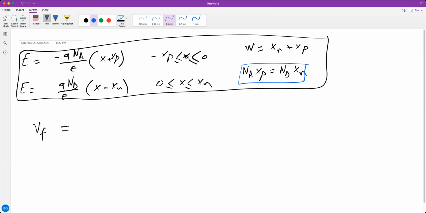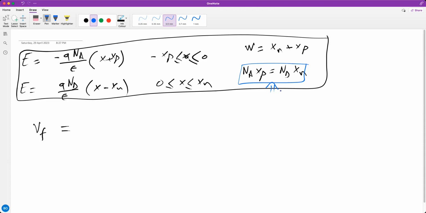So we were able to calculate this because the electric field is the same at x equals 0. We end up with this fundamental equation, and this relation holds for any PN junction, regardless of the position where you are looking. Okay, thank you.